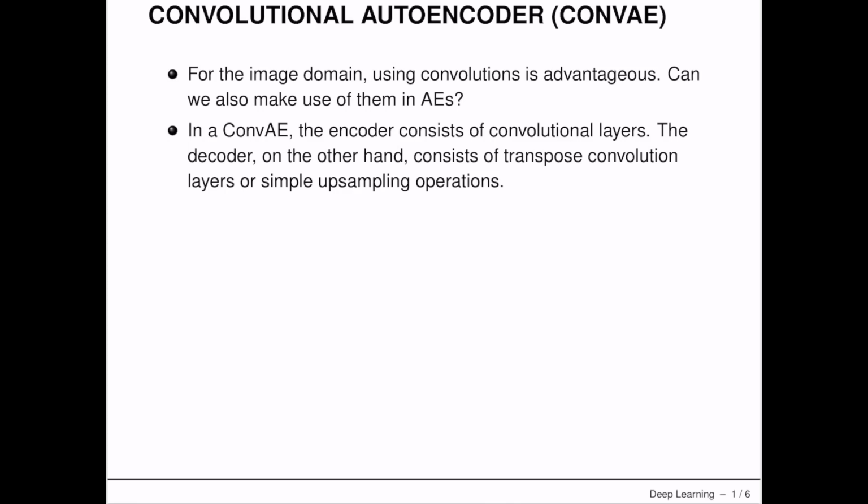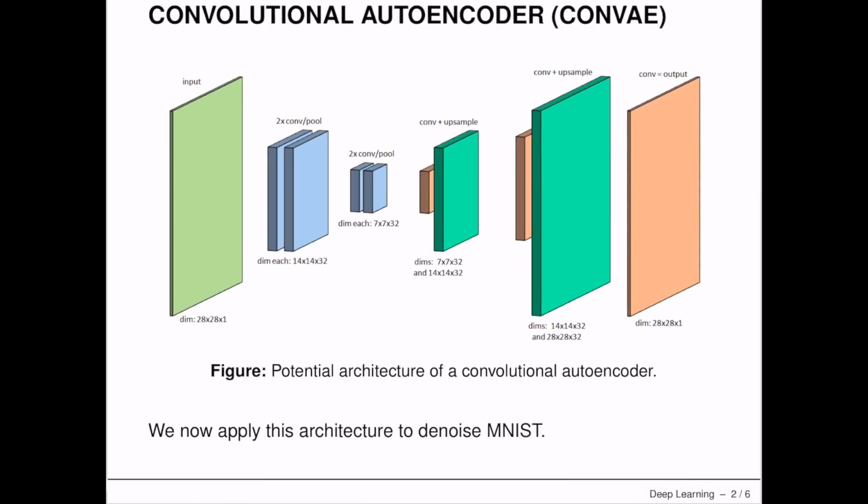And since we usually reduce the number of dimensions in the encoder, we need to use decoders which consist of transposed convolutions or simple upsampling operations.